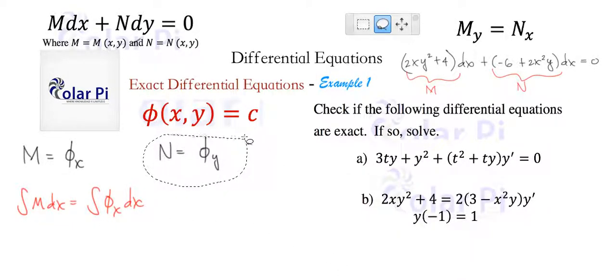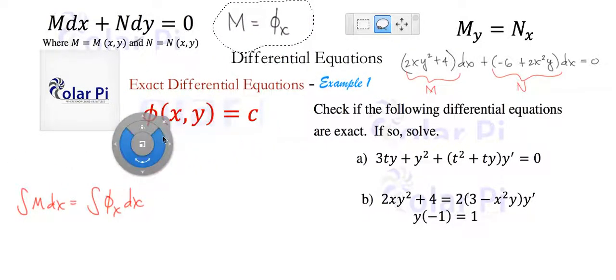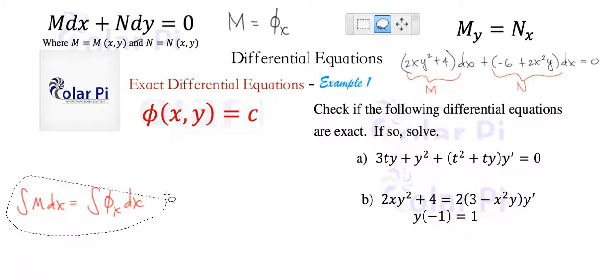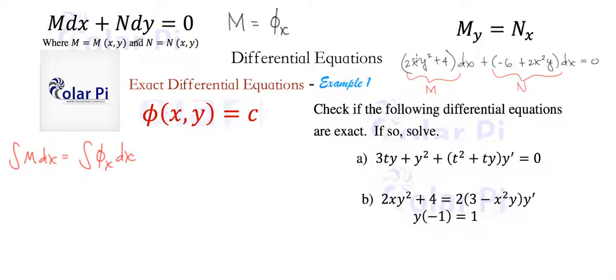And so if we do that, and I'll keep this as a reminder up here, if we do this integration here, we see that since m is given by this right here, our integral will look like this. It'll look like the integral of 2xy squared plus 4, dx, right?